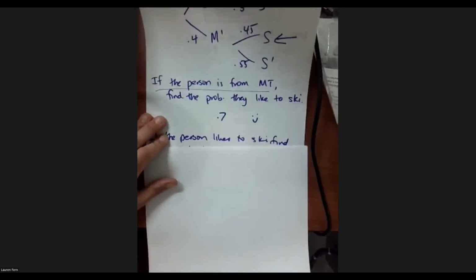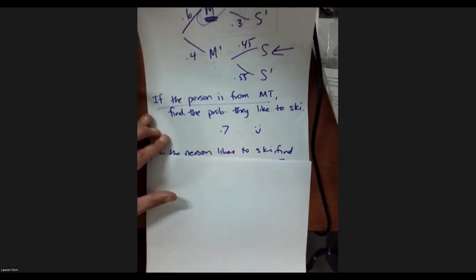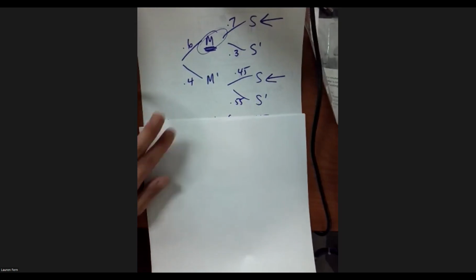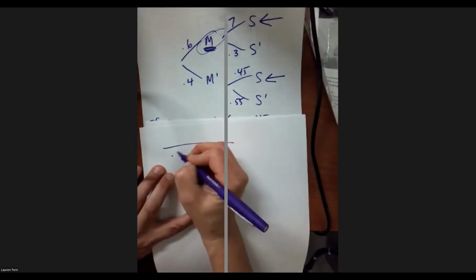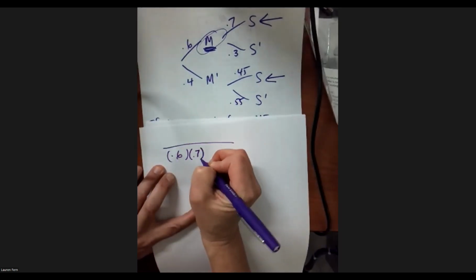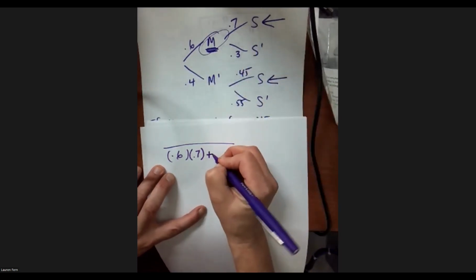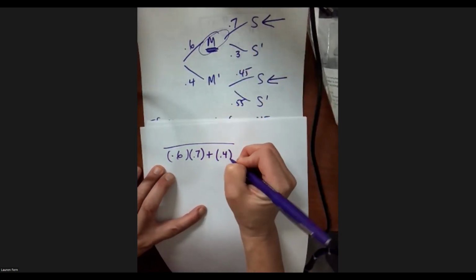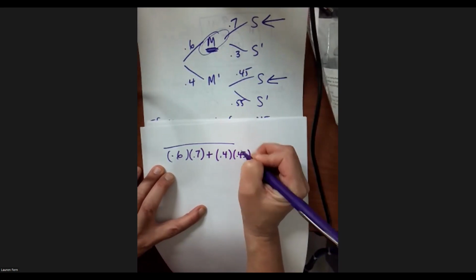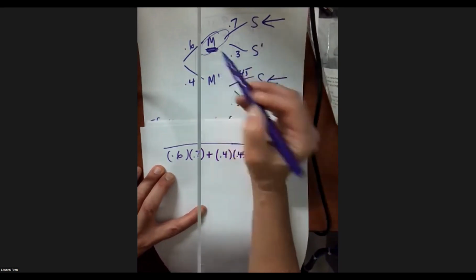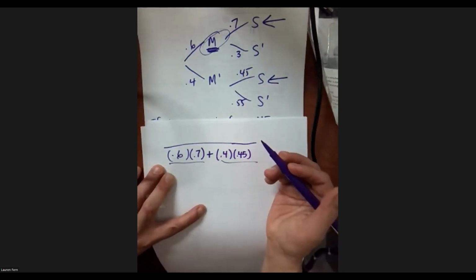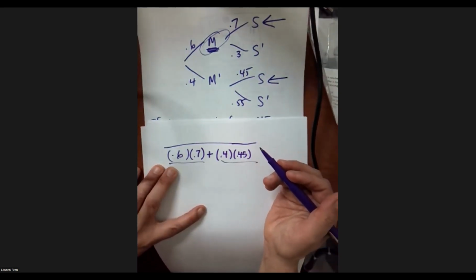So we're reducing our sample space down to the people who like to ski. Well, do you agree that they could be from Montana and like to ski? Or they could be from outside of Montana and like to ski? Now we've reduced our sample space down to these 2 scenarios.